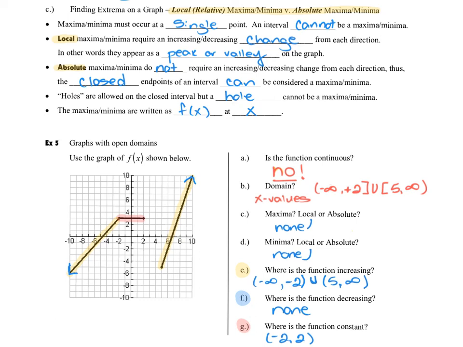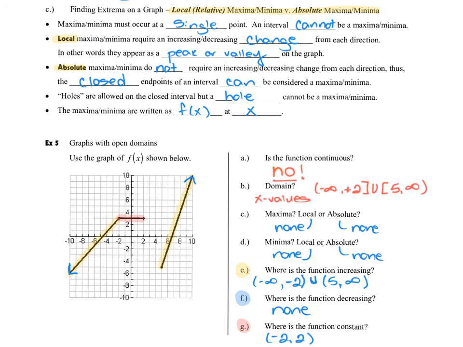Now, when we get into class, I'm going to show you some more examples that allow us to write these a little bit more. Because this particular example does not have an absolute max or an absolute min, because this graph is continuing forever up and down. When we get into class, we will do some more examples that will actually show these graphs.